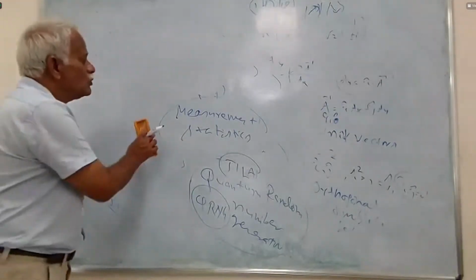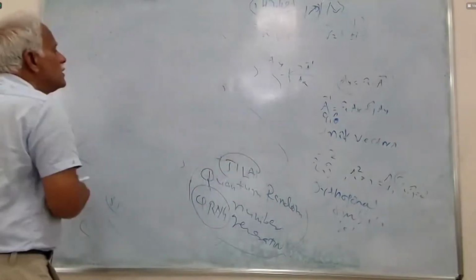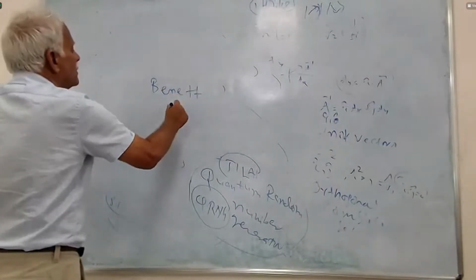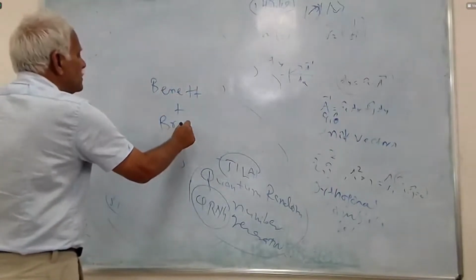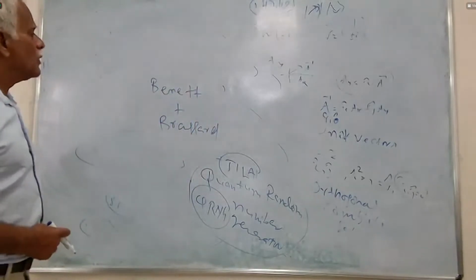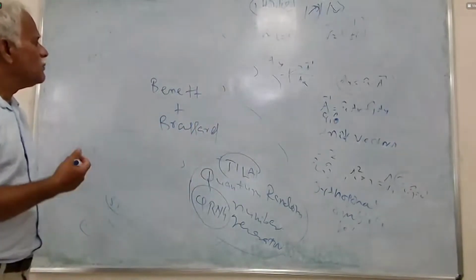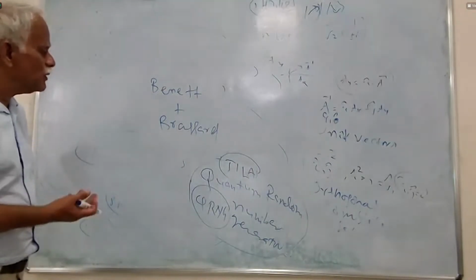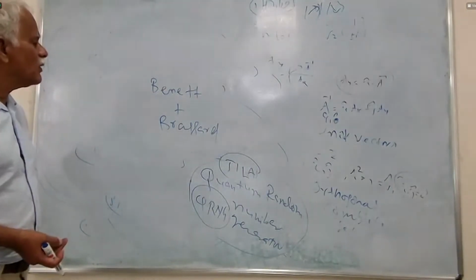What is also useful? Again, Bennett and Brassard. These are great names, very profound, from IBM. They were in Bangalore, and they heard some people talking about this kind of thing, the collapse of the wave function.